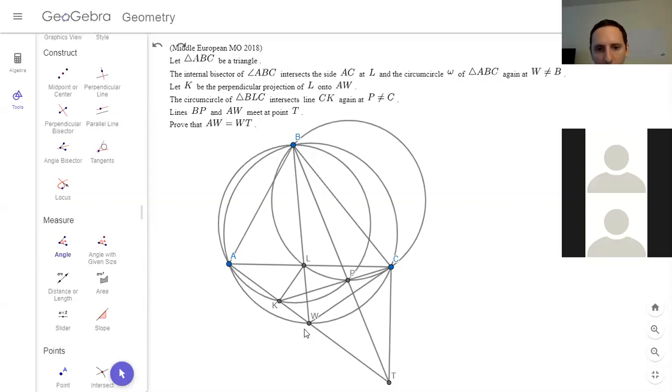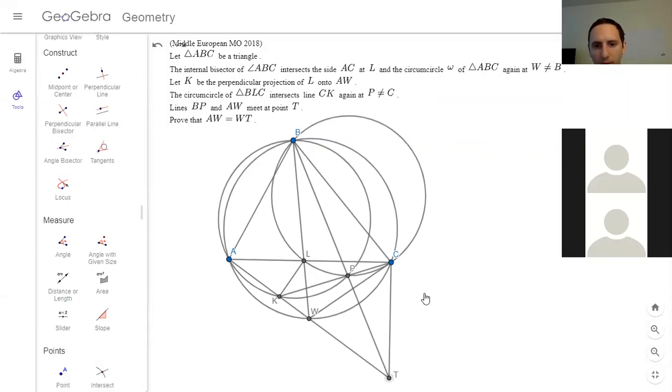From angle chasing, we want to show ABP equals CLT, the bottom point, but I cannot see the point at the bottom. Oh, this point? Yeah.